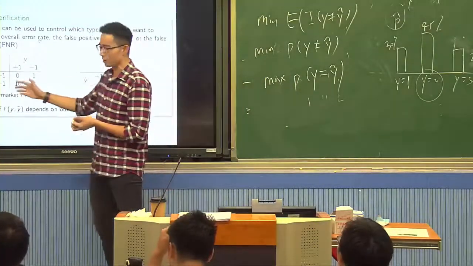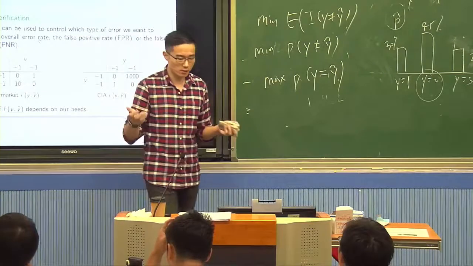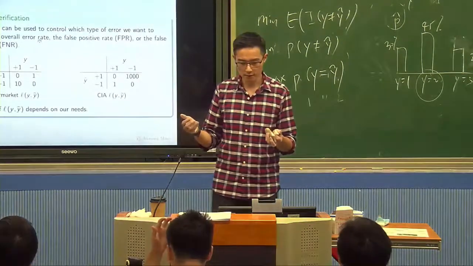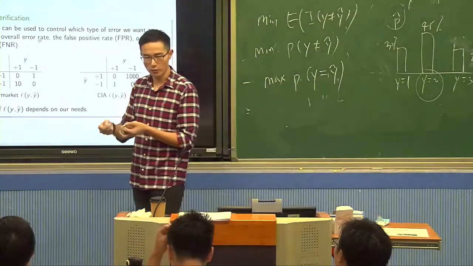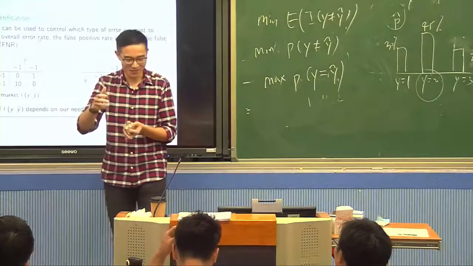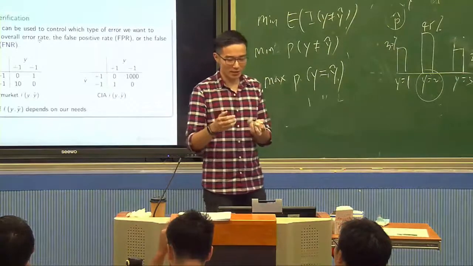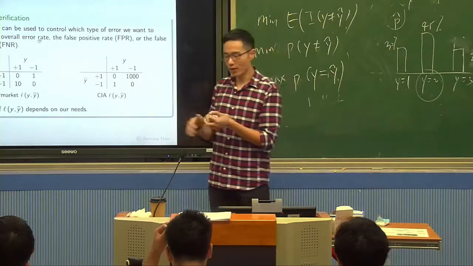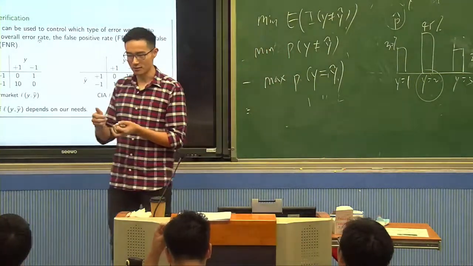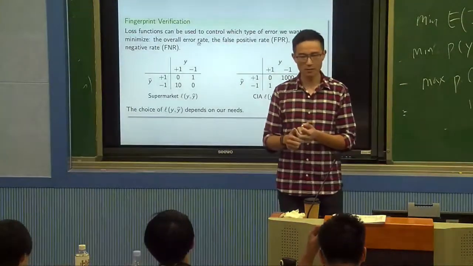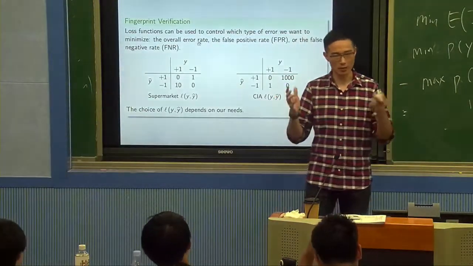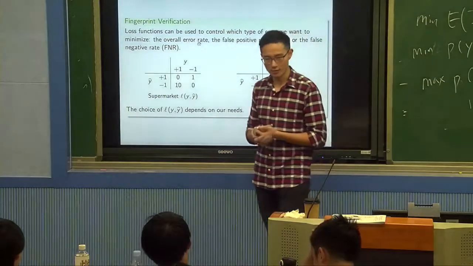So, let's take a look at two examples. Suppose the first example is a supermarket. Maybe not fingerprint, but suppose a person is a loyal customer, and you want to give him a discount. The way this supermarket does it is that maybe they collect fingerprints, just suppose. So you fingerprint, and it says, okay, it's you, you are my loyal customer, I give you a discount.